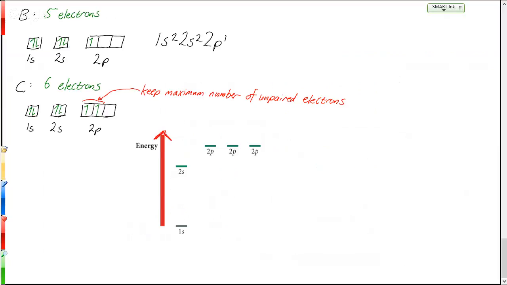If we imagine the energy levels of these different orbitals, the 1s is at a much lower, so lower potential energy. 2s is a little bit higher. 2p is a little bit higher, but all 3 orbitals in the 2p, regardless of their orientation, are at the same energy. The word for that is degenerate.